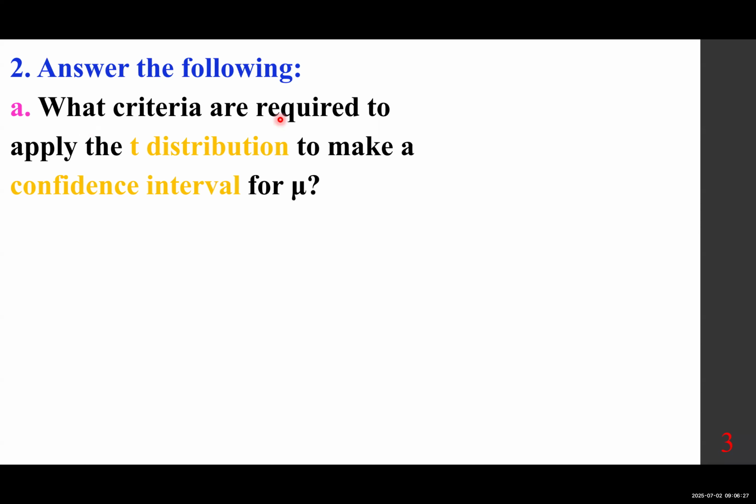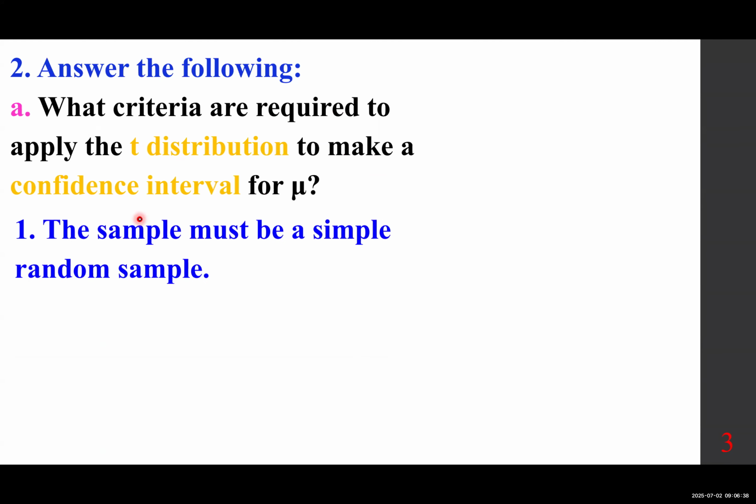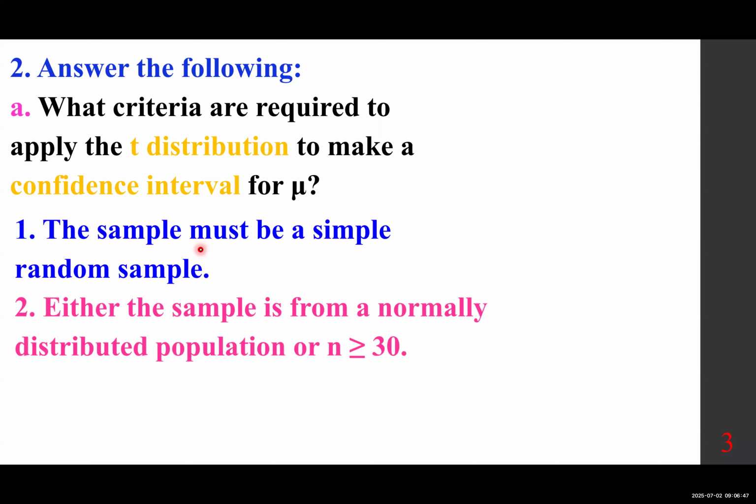What criteria are required to apply the T distribution to make a confidence interval for mu? The sample must be a simple random sample. Randomization is always important in statistics.